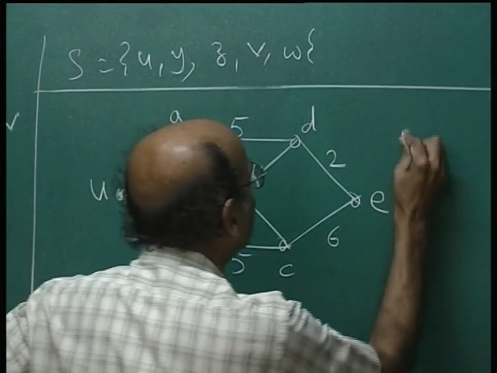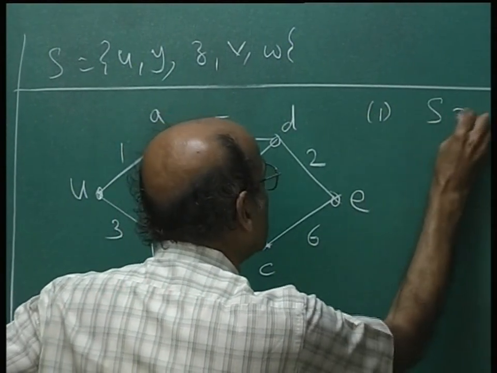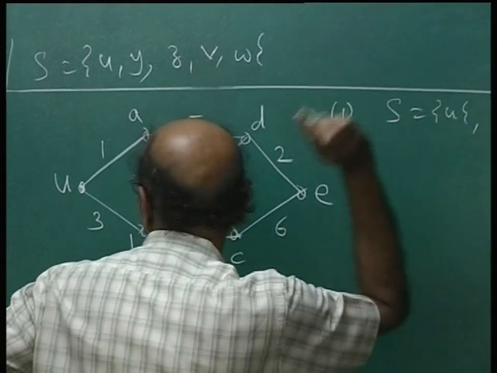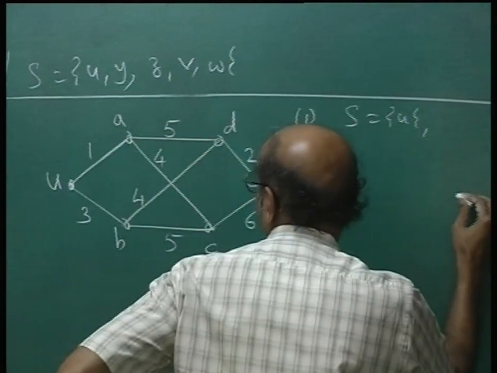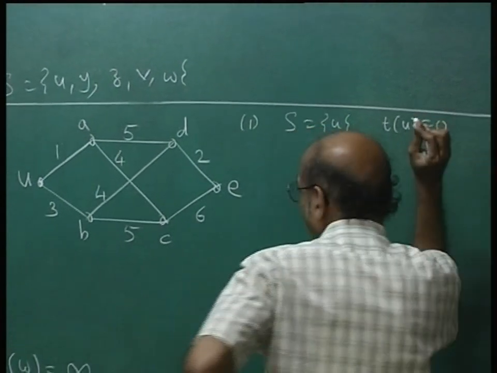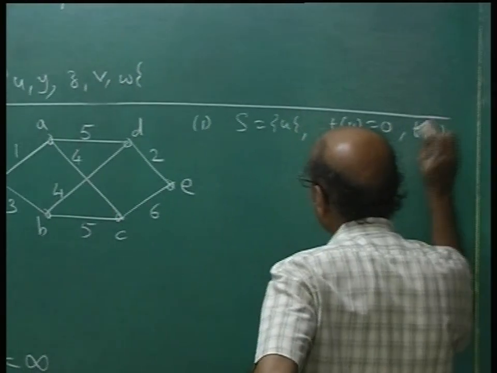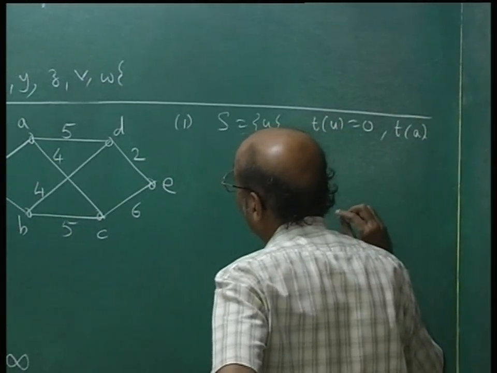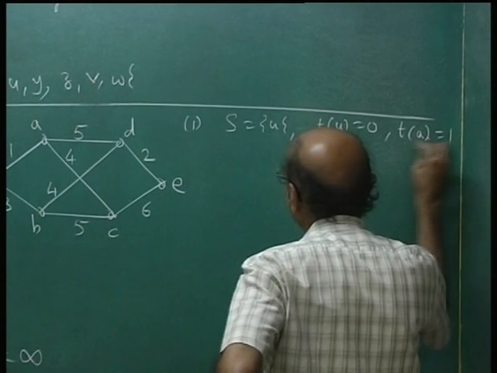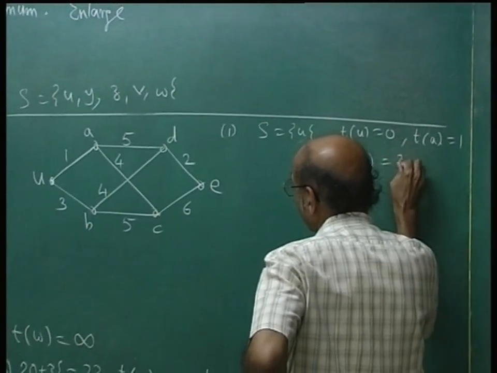S initially, so step 1, tentative of A is equal to 1, tentative of B is 3.